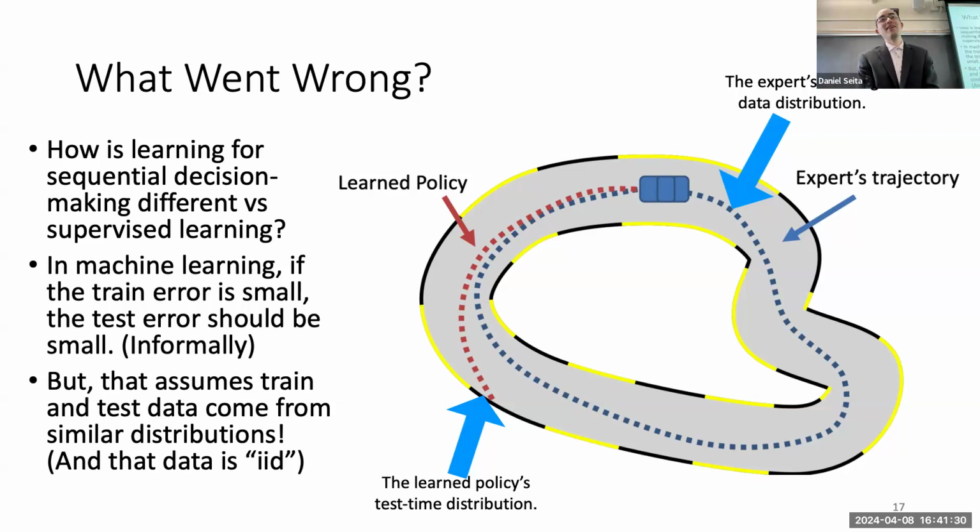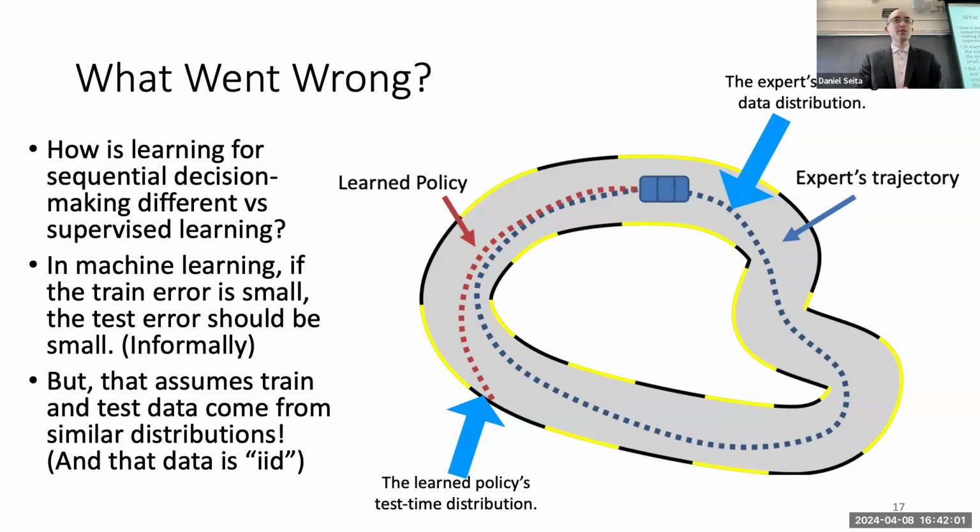So I think the answer to your question is, even in sequential decision making, if your training data distribution has a lot of coverage, like if the expert trajectory had a lot of coverage in this area, then it might be okay, because it gave you the action you should take even if you had a state that seemed a little bit off center. It's a little bit difficult to give a broad answer.